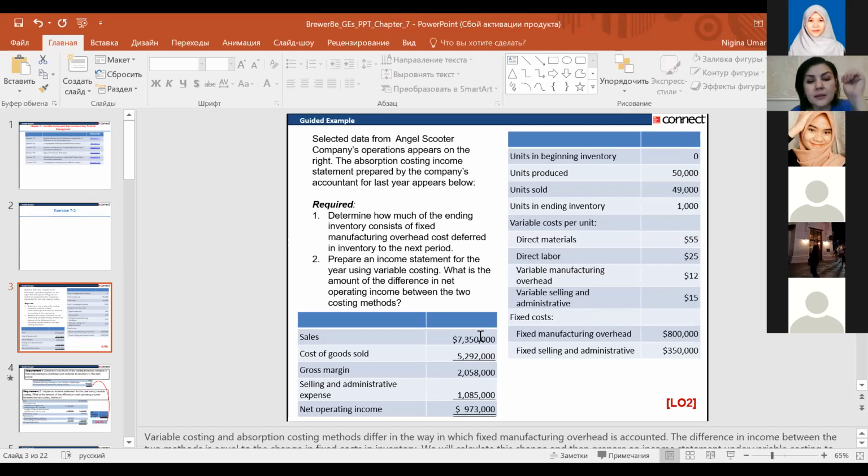So sales minus cost of goods sold minus variable selling and administrative. So what is the amount of variable selling and administrative expenses? Tell me. So what should we do with this $15? It's per unit.